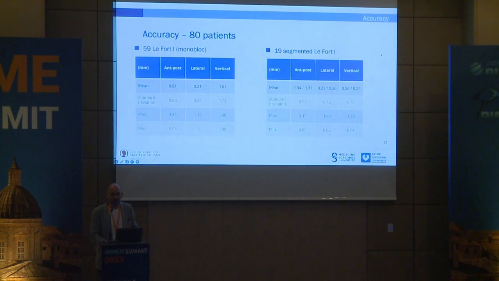And it doesn't come as a surprise if eventually we didn't get the accurate result that we were striving for. So in segmented Lefort, we also have mean results that are rather accurate, less than 1 millimeter gap, and standard deviations are decent.